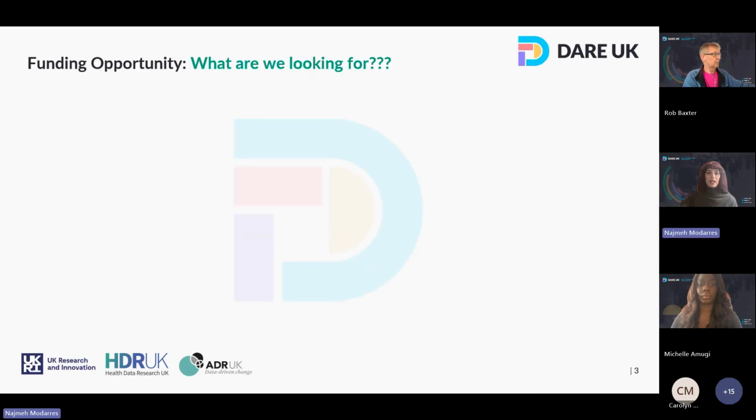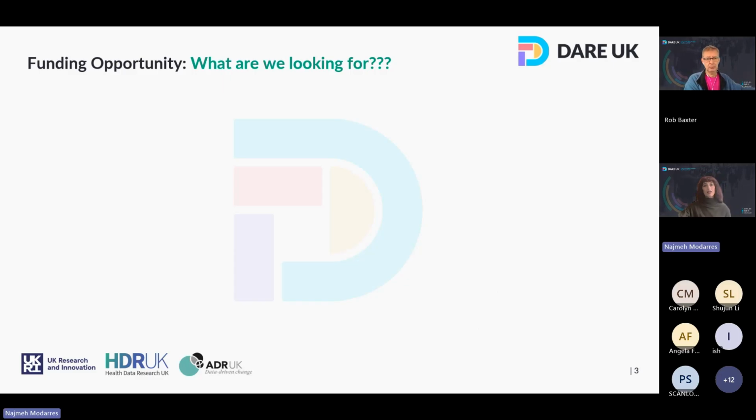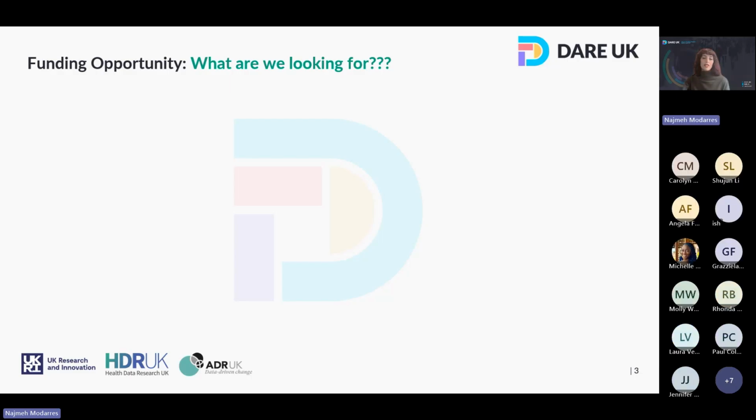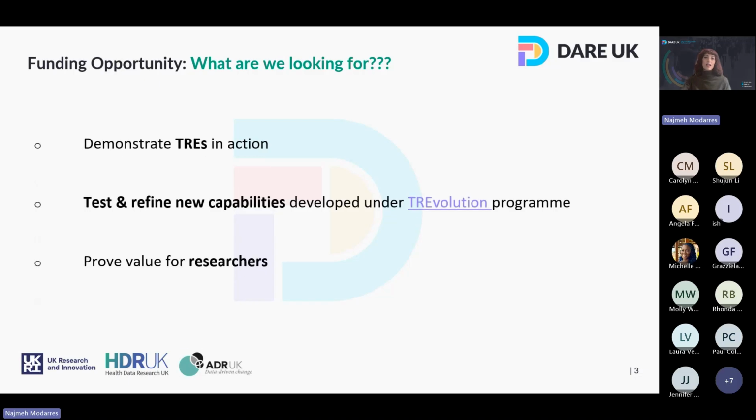So very quickly, what are we looking for? In the applicant webinar, I went in depth about this funding opportunity. For this one, I just want to drill it down to these 3 points. What we are essentially looking for is for researchers to demonstrate TREs in action.